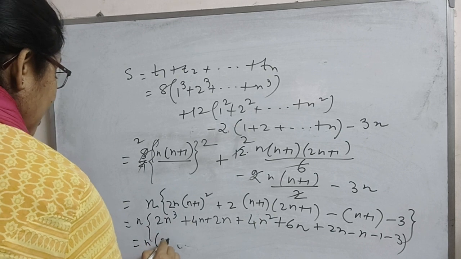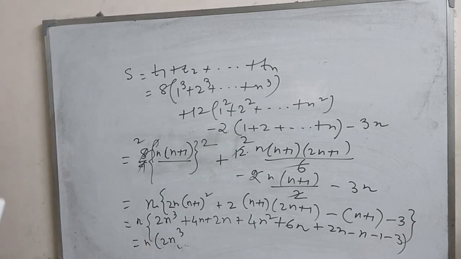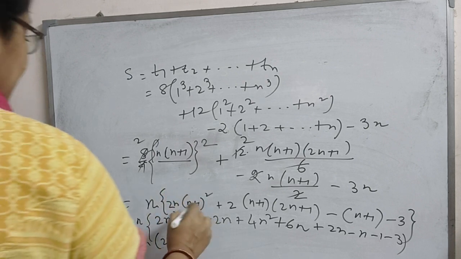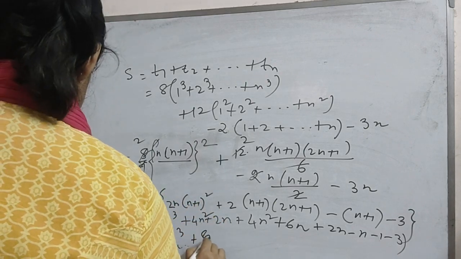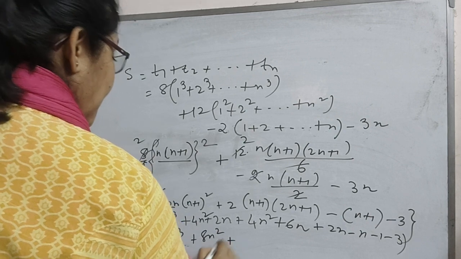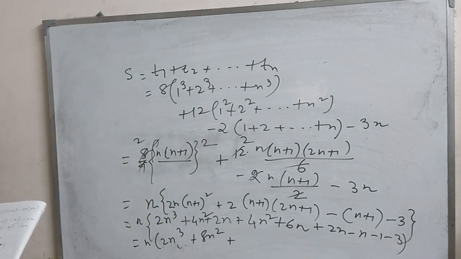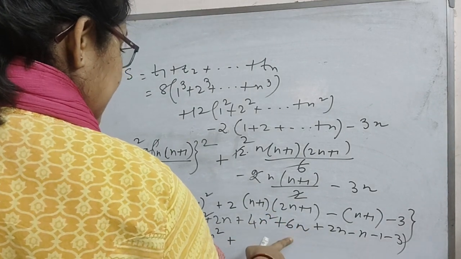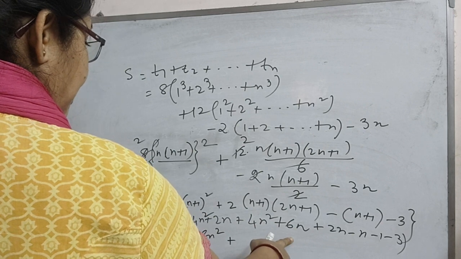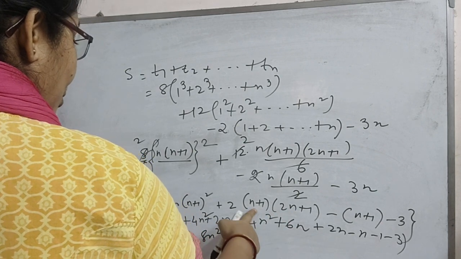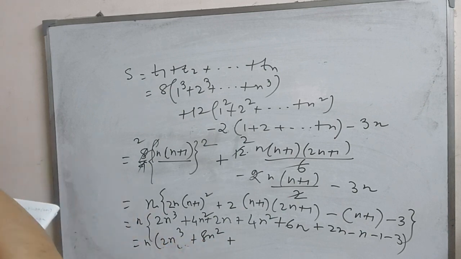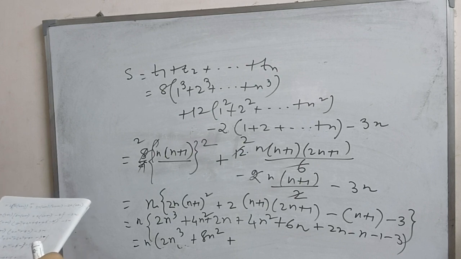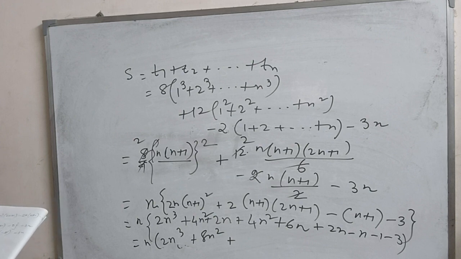This equal to n, 2n cube. This is 4n square, that means 8n square, plus this is 6n, 2n square, 4n square. n into n plus 1, 2n plus 1.